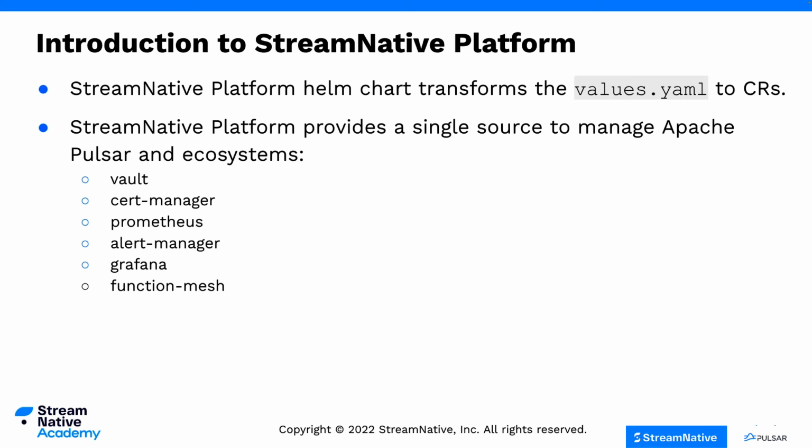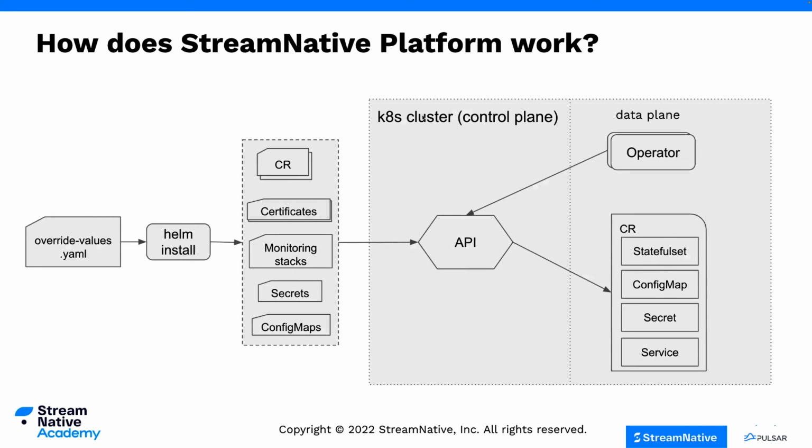You just describe what you need in 1 YAML file, and you make it happen. Basically, you define 1 file, then they use the same helm install command. It will create a lot of custom resources, not just the operator, remember?